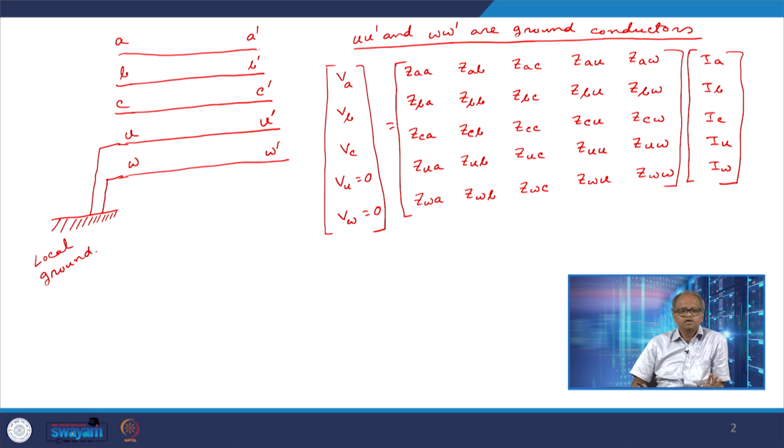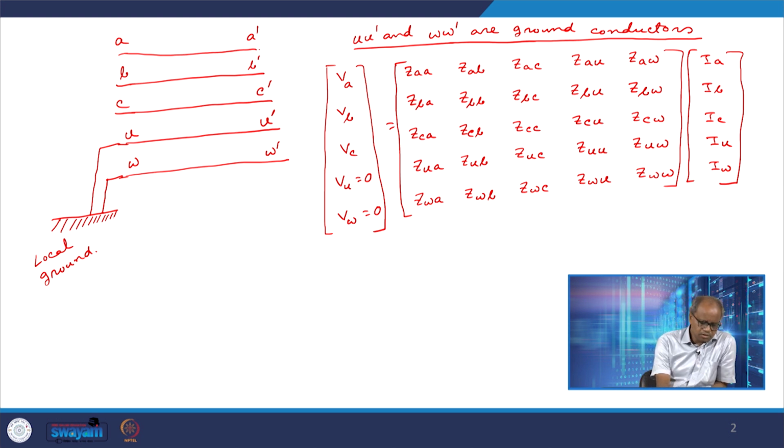This is the standard process we have followed in many cases. Essentially, we have skipped the first step, and this is the outcome after the first step.